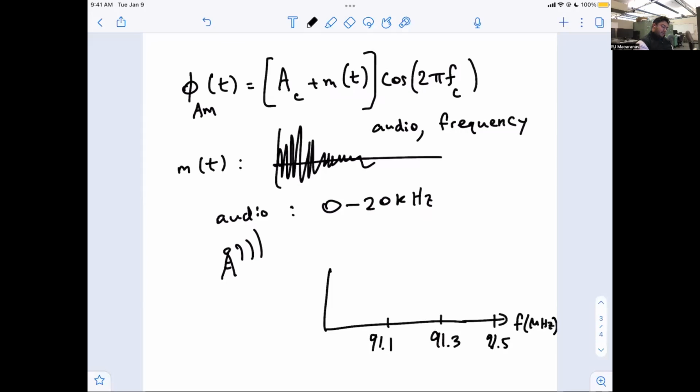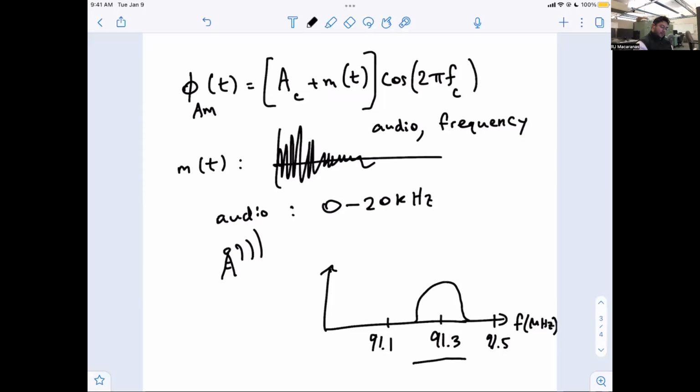What we want to do is take our message signal and shift its frequency up in the frequency domain, so that all the content is encapsulated right here. So 20 kilohertz, well, these radio stations have about 0.2 in this direction and 0.2 in that direction to the next one.